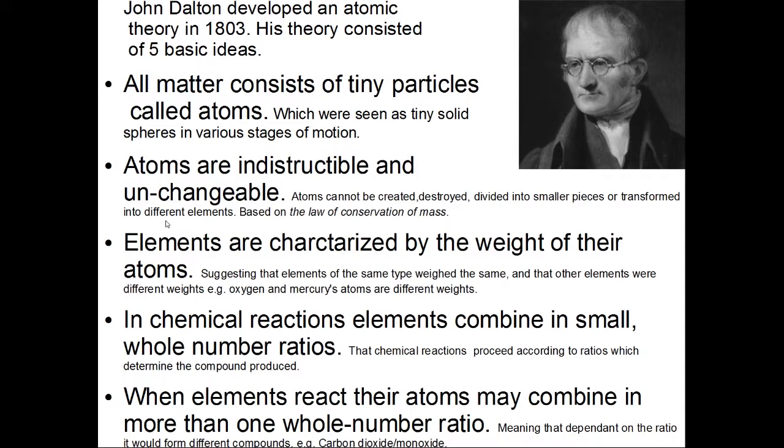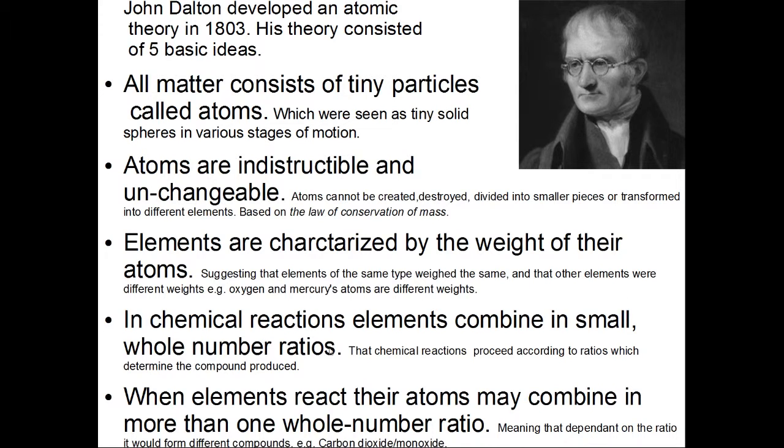Elements are characterized by the weight of their atoms, so we kind of know that now. I don't know if isotopes are an exception, but hydrogen obviously weighs less than helium, and it will form in different ratios.